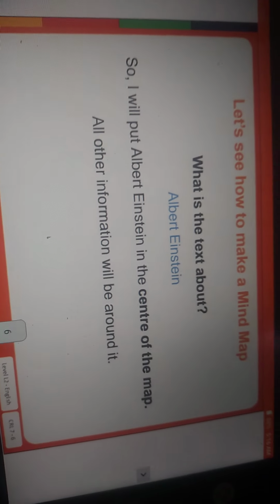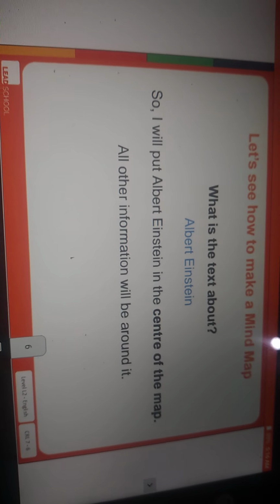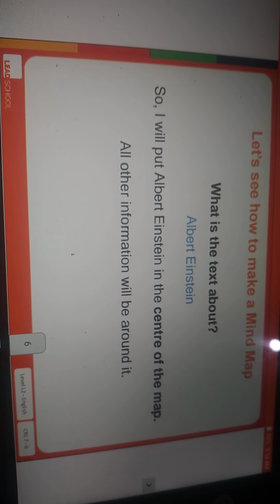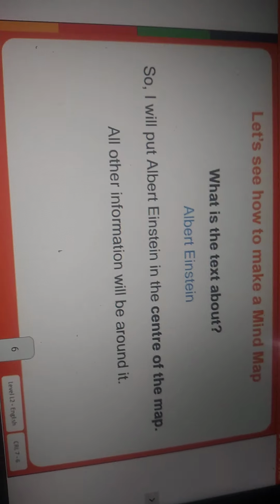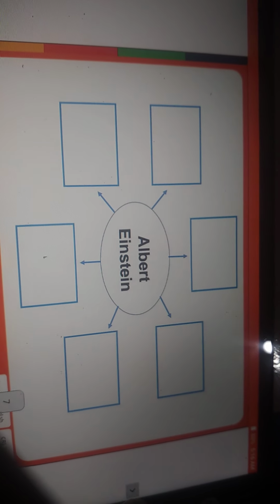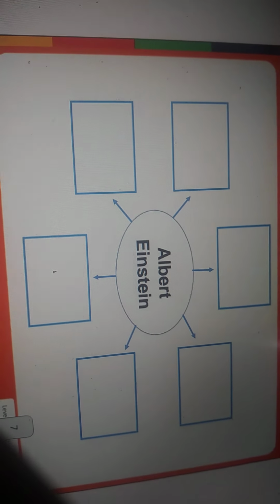So there are some things we need to draw a mind map. So for that, now answer these questions, children. What is the text about? Yes, the text is about Albert Einstein. So now we want to write it in the center part of the mind map. Remember it, children, write it in the center part of the mind map.